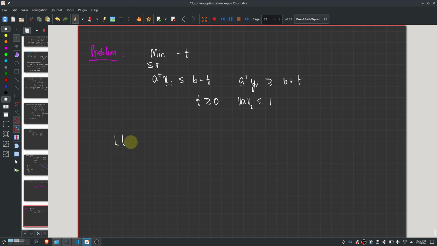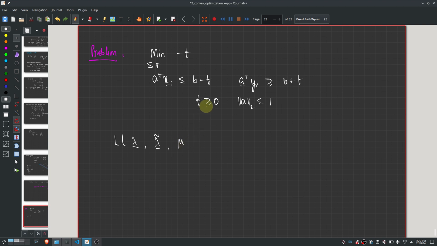So I have Lagrange multipliers. I'll call lambda, the vector lambda, the Lagrange multipliers for this set of constraints. Lambda tilde to be the Lagrange multipliers for this other set of constraints. And I need something else.